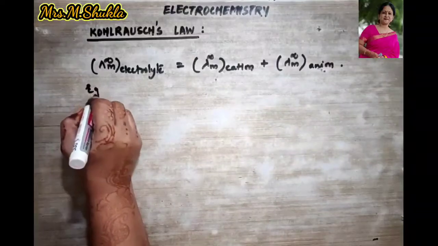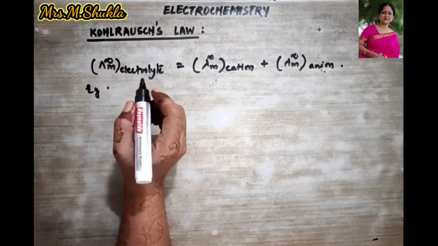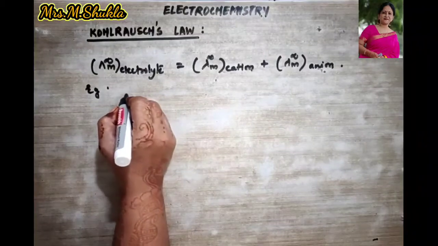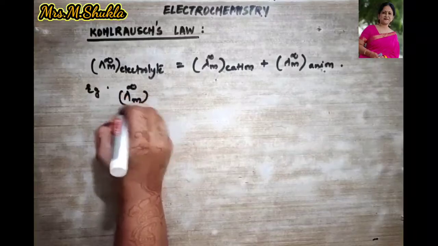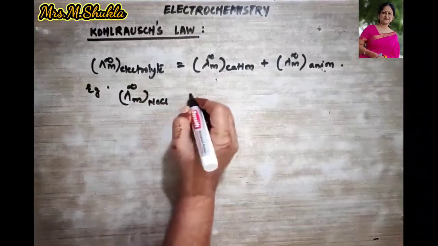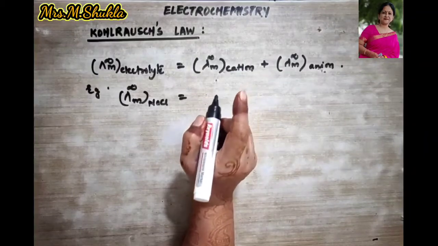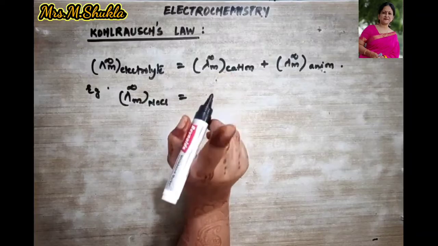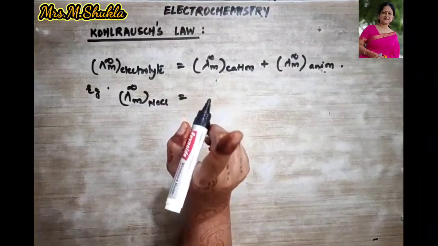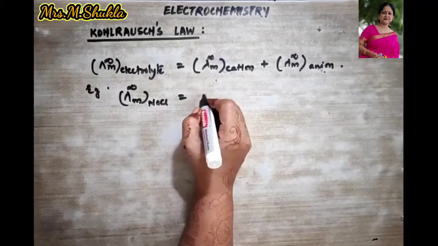Right? Just take an example, like the molar conductivity of NaCl at infinite dilution. What does it contain? It is going to contain the molar conductivity of sodium ion at infinite dilution and the molar conductivity of chloride ion at infinite dilution.